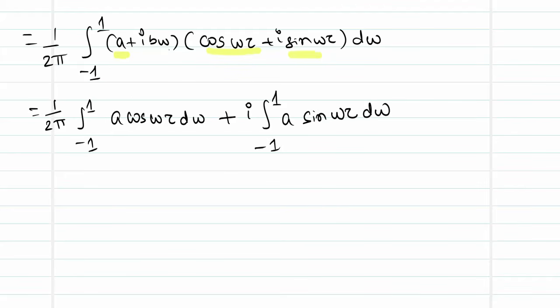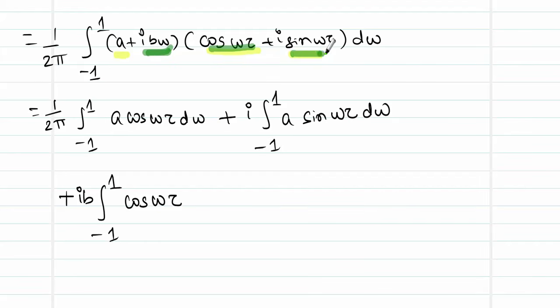Next, I will multiply ib omega with the first term cos omega tau. This i is a constant, b is a constant, so I will have integral minus 1 to 1 of omega cos omega tau. And now in the last stage, what will I do?